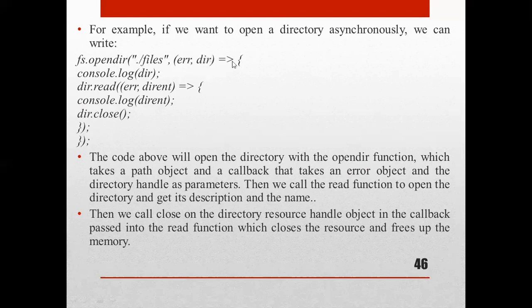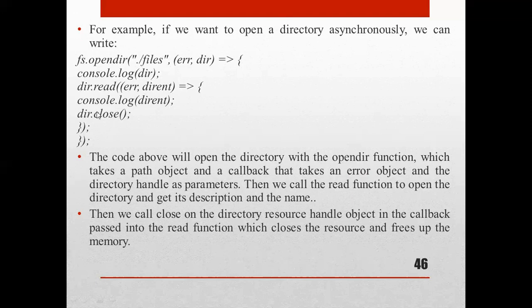This is the callback. After opening this directory, we are going to print that directory with console.log(dir). Then dir.read means we are going to read that directory, and handle any error.